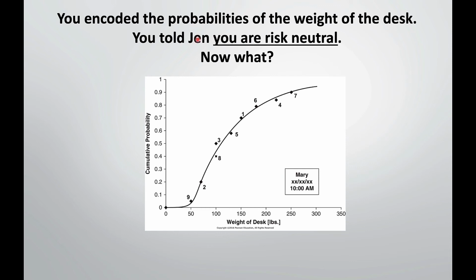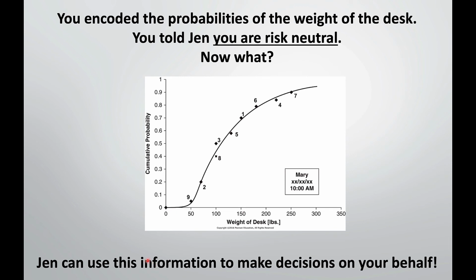These two pieces are needed for Jane to do what? Now Jane can use these two pieces of information to make decisions on your behalf. Remember, the very beginning of all this exercise is that Jane can decide whether to buy different certificates for you that have different prices and different weight requirements.